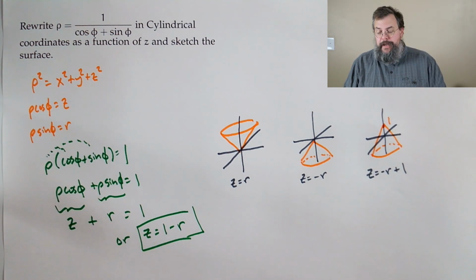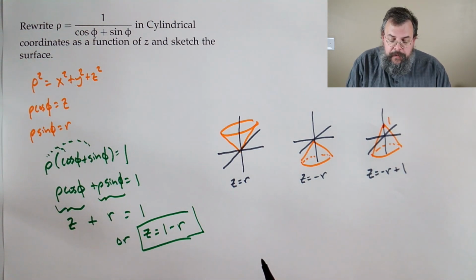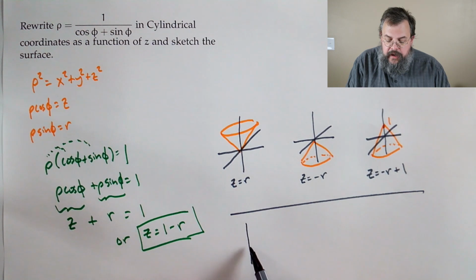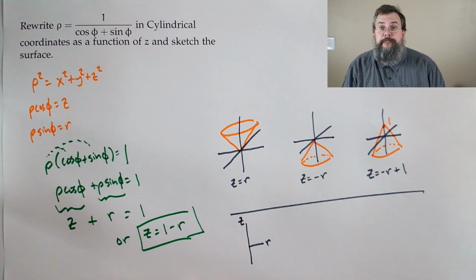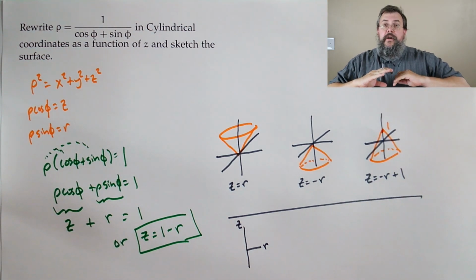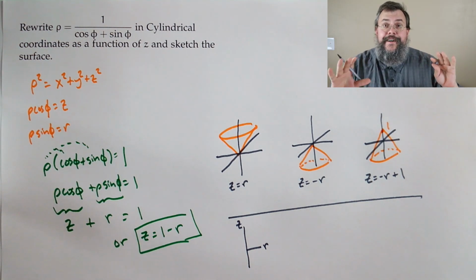All right, now I said we'd do this in 2 ways. So that's one way. What's the other way? Well, what I would say is to do the following. Let's look at what I would call the RZ half plane. And this is saying, z equals 1 minus r, where do you see theta? The answer is, there is no theta.